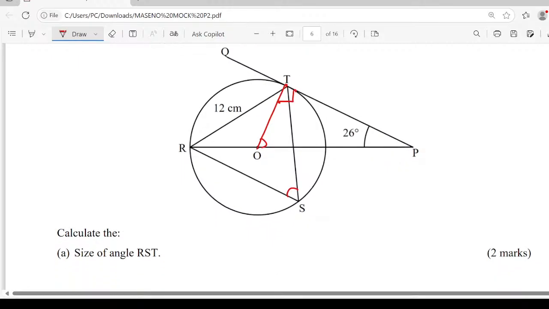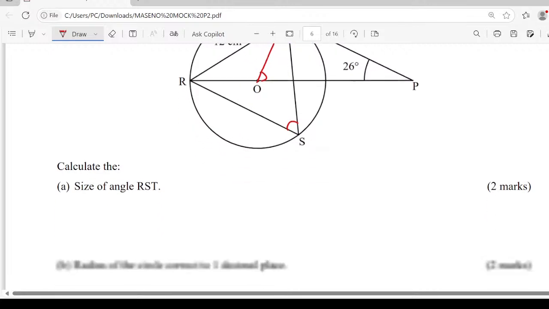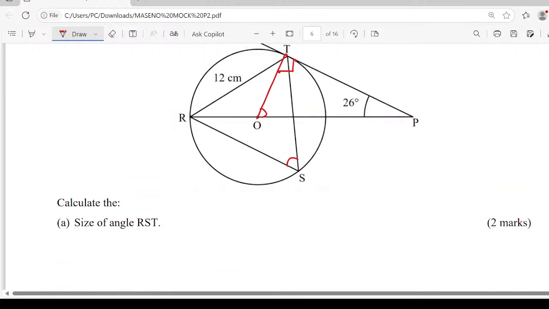I get that angle by saying, angle T or P will be equal to 180 minus (90 plus 26).